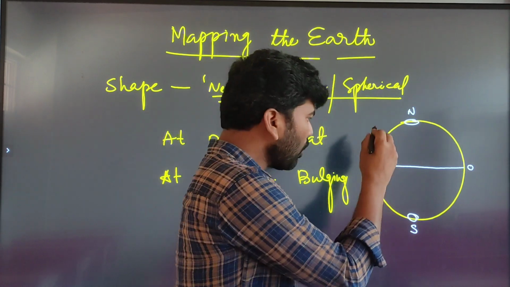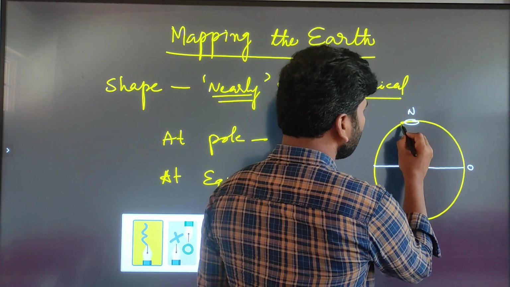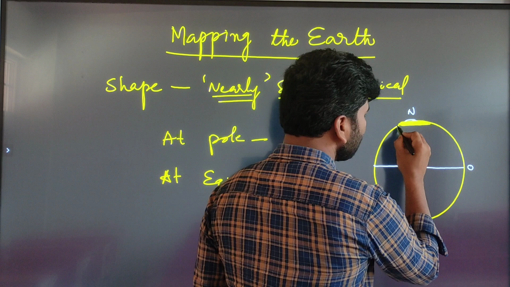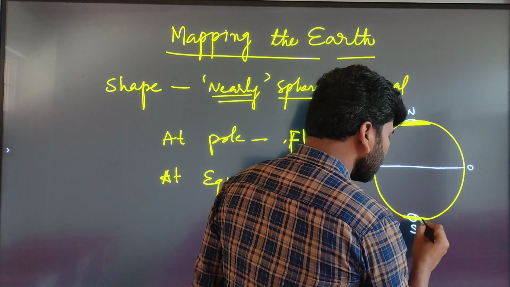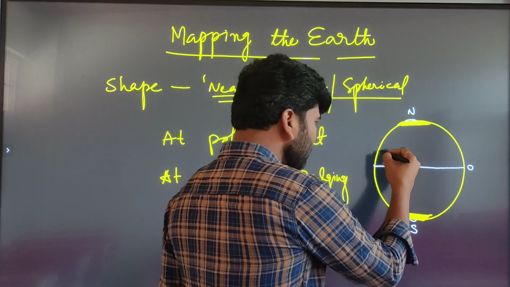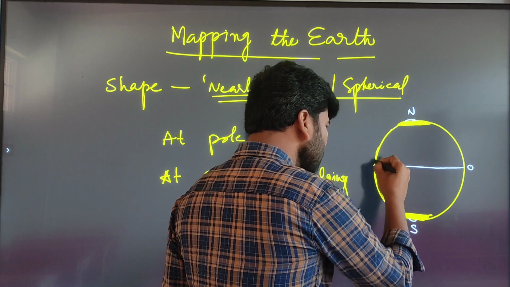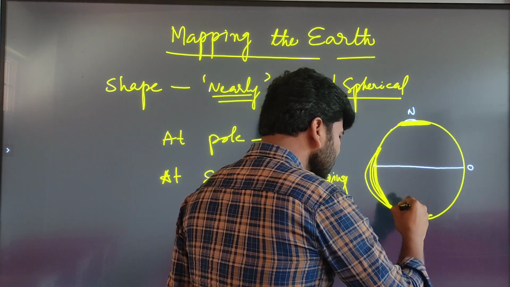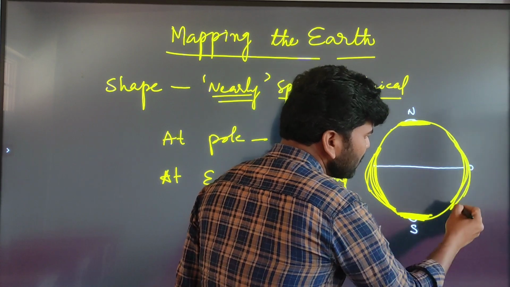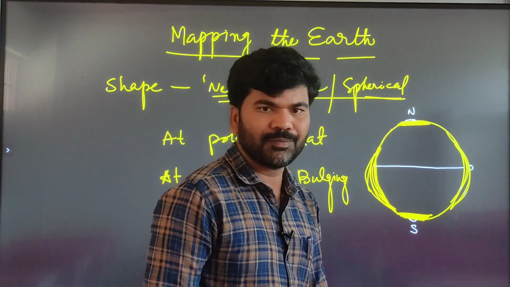Here the poles have a flattened shape, and at the equator it is bulging. Due to this particular shape, we call it nearly a sphere or spherical.